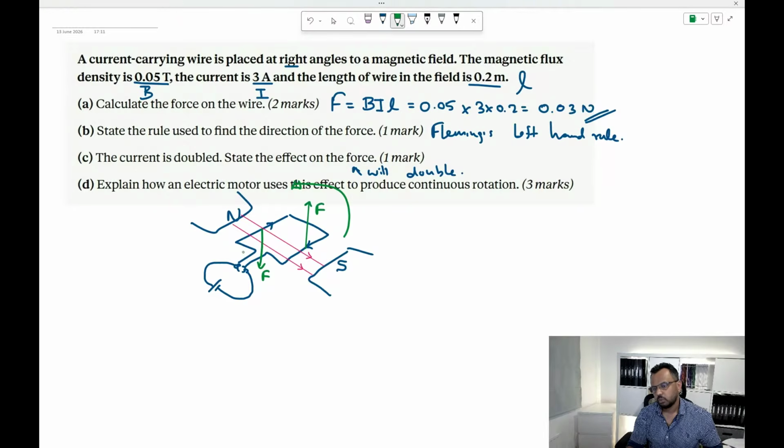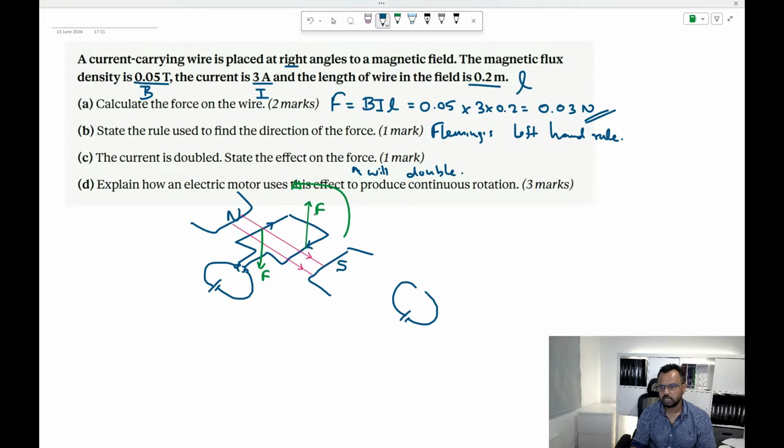Now, what is the point of this split ring commutator? The split ring commutator, at every half turn, switches the contacts. Now, why is this necessary? Imagine what happens in one half turn, right?